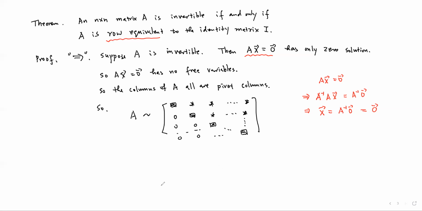Suppose that A is n by n, so the echelon form is also n by n. Now there are n pivot numbers.